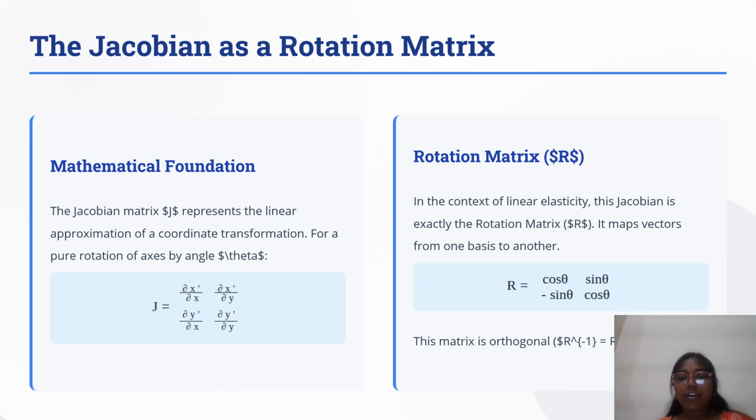Rotation matrix R. In the context of linear elasticity, the Jacobian is exactly the rotation matrix R. It maps vectors from one basis to another. R equals cos theta, minus sin theta, sin theta, cos theta. The matrix is orthogonal: R inverse equals R transpose.